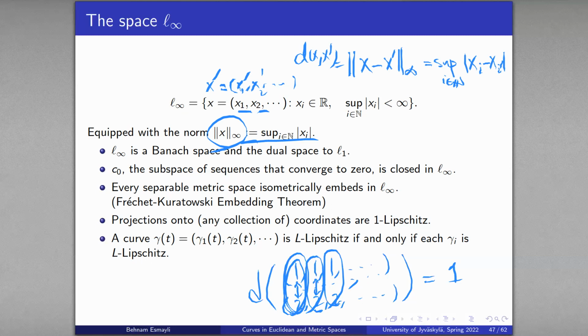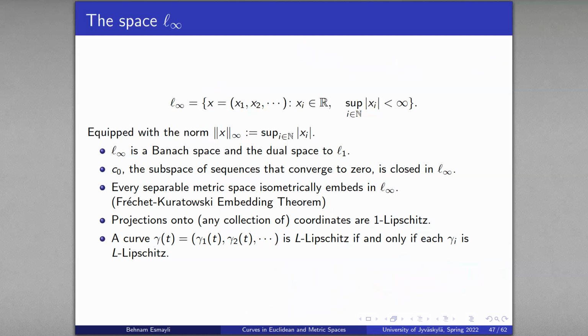So whenever you have a new difference in some component, it adds to the distance. But with L infinity, that doesn't happen. It doesn't matter if you have new differences further on. As long as they are smaller than the difference in the first or in the fifth, they don't contribute. The points don't get farther away if they keep being different at the tail.